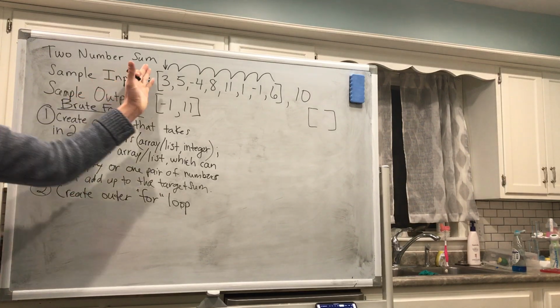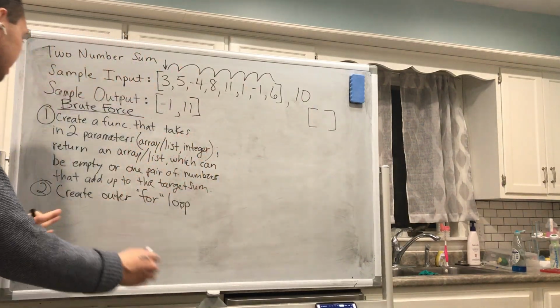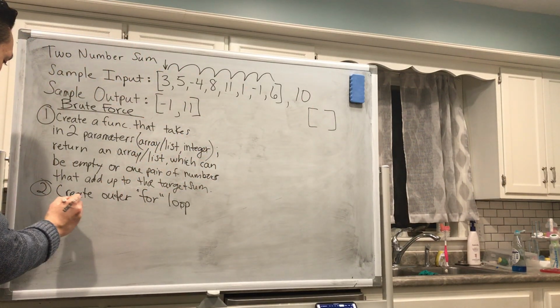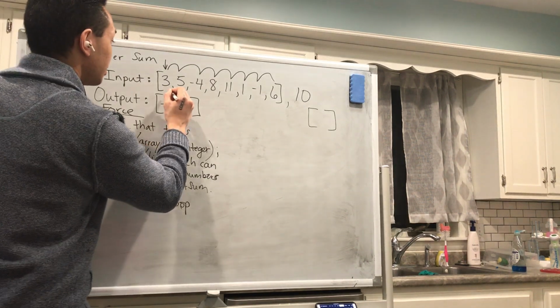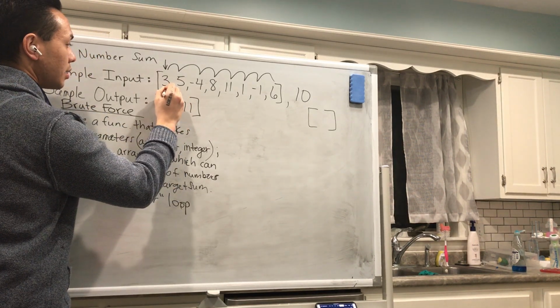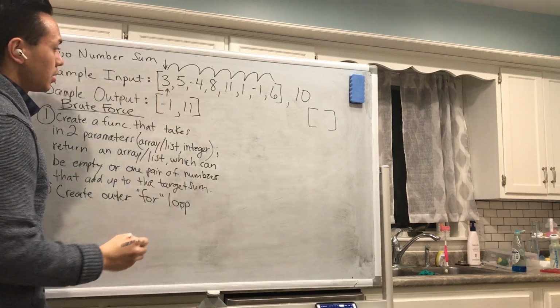And as it's iterating through, we're going to have another nested for loop, right? We have another nested for loop, and I will represent that with an arrow pointing up.